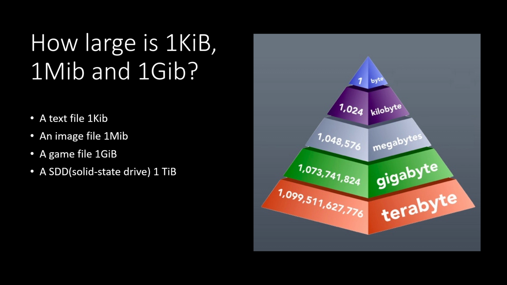And the typical solid-state drive has a storage space of 1 terabyte, which is 1024 gigabytes. Pretty large, huh? But we have even larger solid-state drives nowadays. For example, 5 terabytes is common.